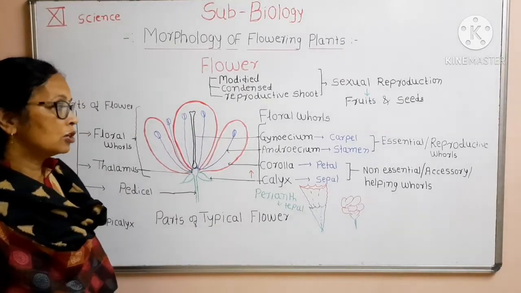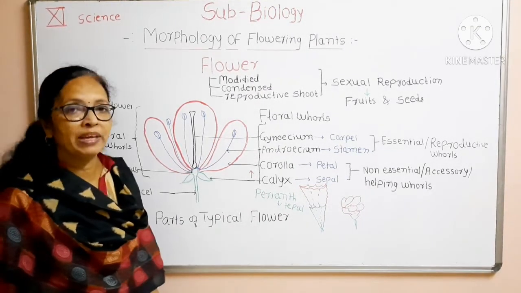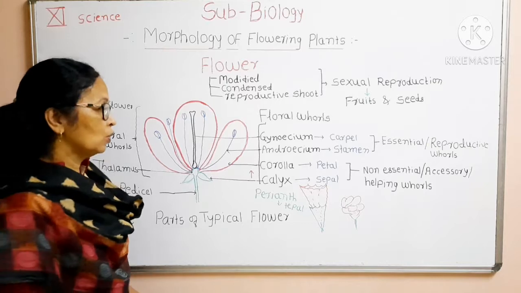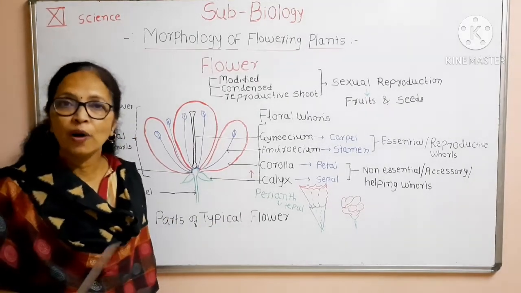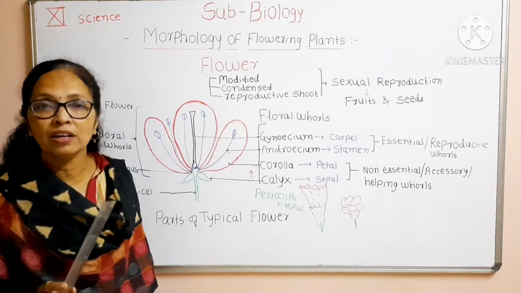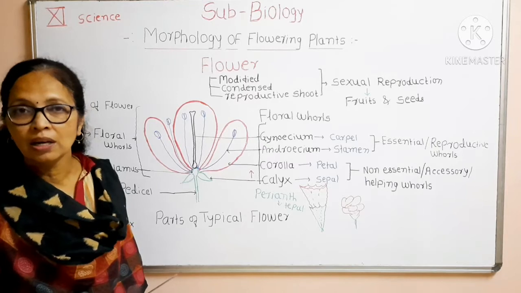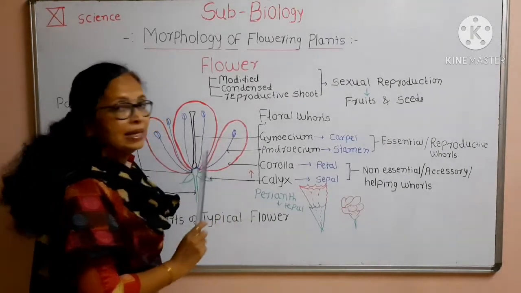Then, functions of calyx. The first function of calyx is, we see it is generally green in color. That's why they perform the function of photosynthesis. And during bud condition, which part do we observe? Only the green part, means the calyx.